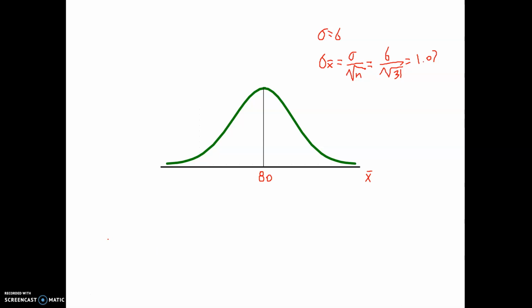Next, let's add in our range that we want to determine the probability for. In the question, it says find the probability of a mean sample between 78.5 and 80.5. Well, 78.5 is going to be somewhere down here. Put 78.5 here. And then 80.5 is going to be above the mean. So we'll put 80.5 here. Okay.